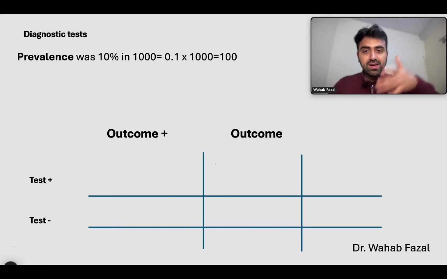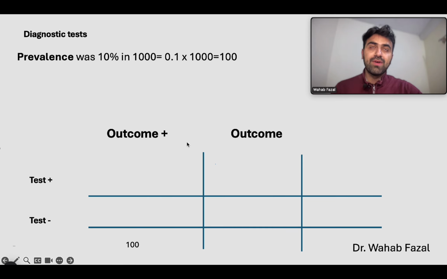So if it's 10% in 1,000, that means 100, right? Multiply 10% with 1,000 and you get 100. So you can write 100 here. In a population of 1,000, if 100 people have the disease, if you subtract 100 from 1,000, that means 900 people do not have the disease. These are people who are outcome negative.